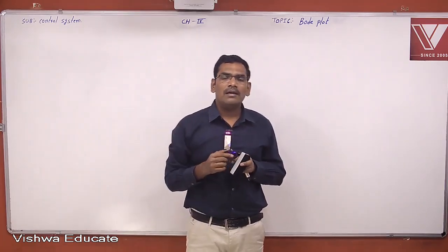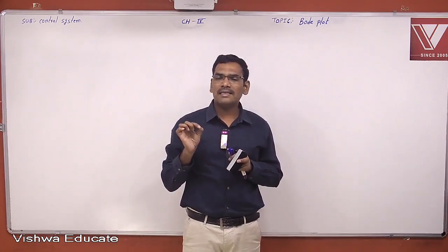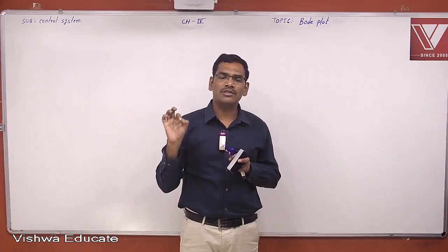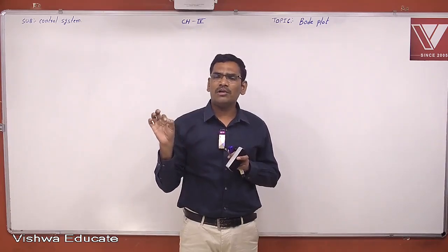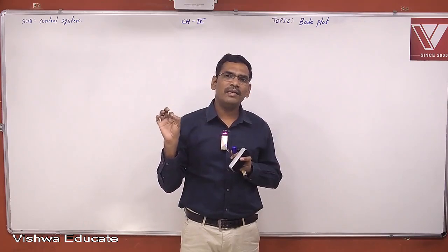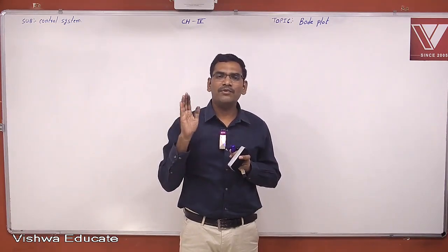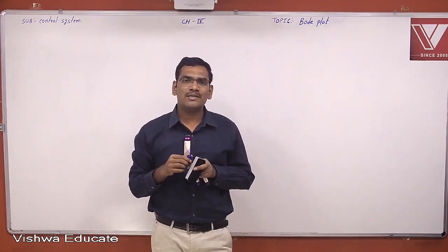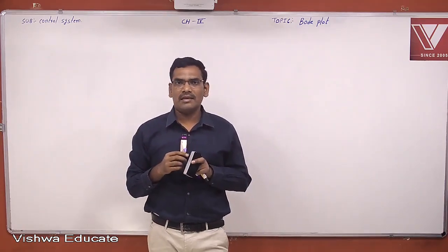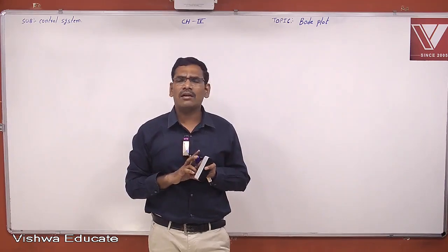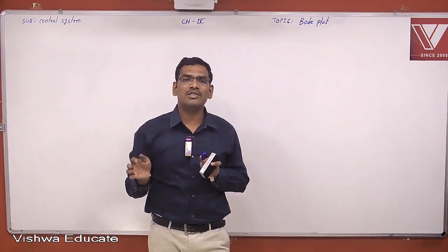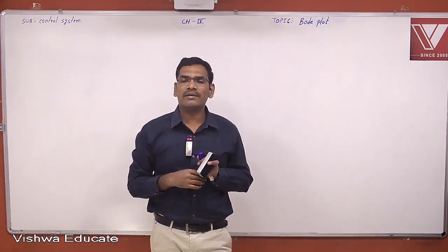No. If you replace S equal to j omega, meaning the real part is 0, pure frequency axis, then only it is called frequency response and frequency domain analysis. But in a root locus, we are not replacing S with j omega, we are replacing S with sigma plus j omega. So that is not a pure frequency domain analysis.